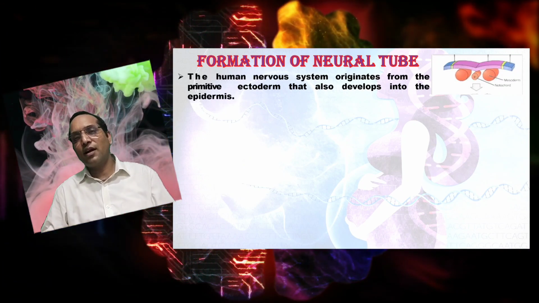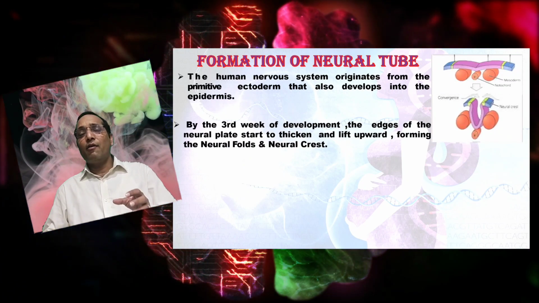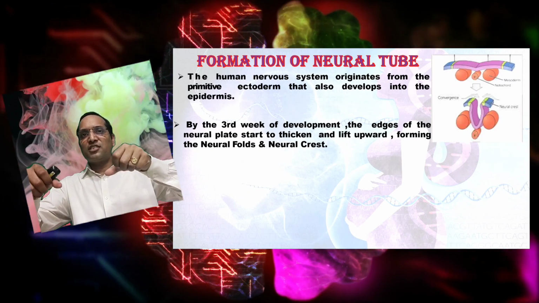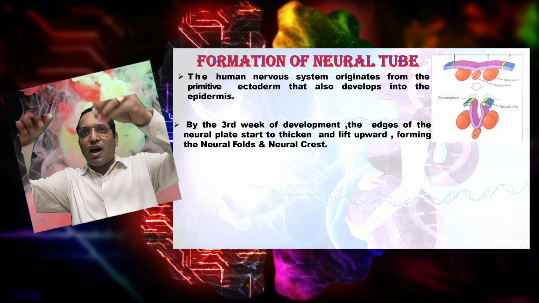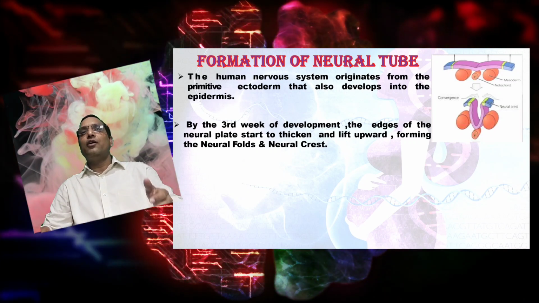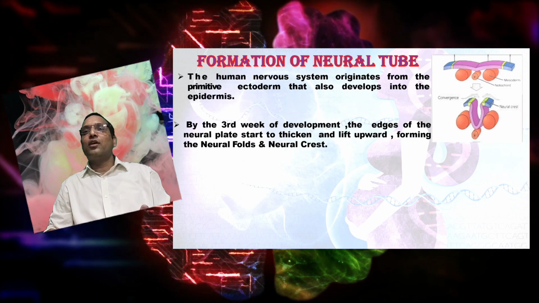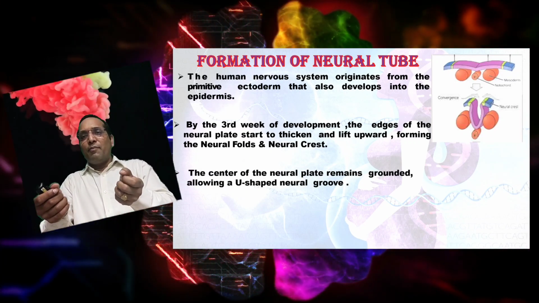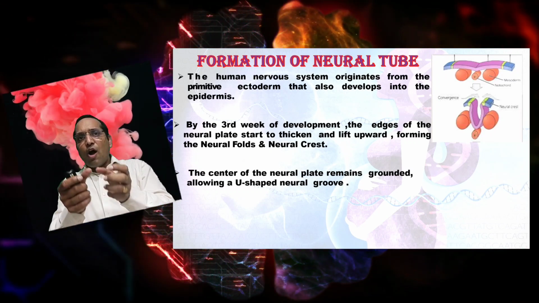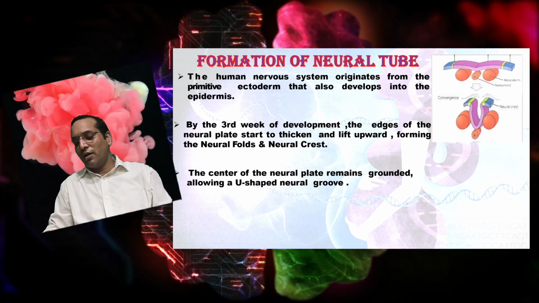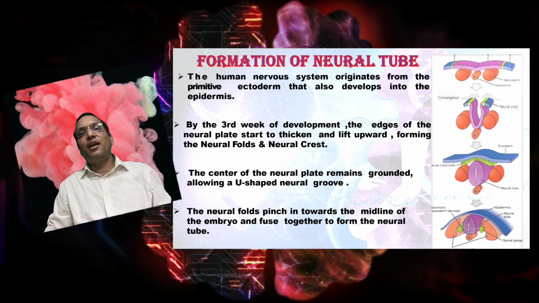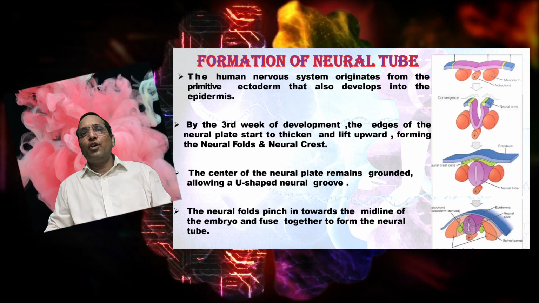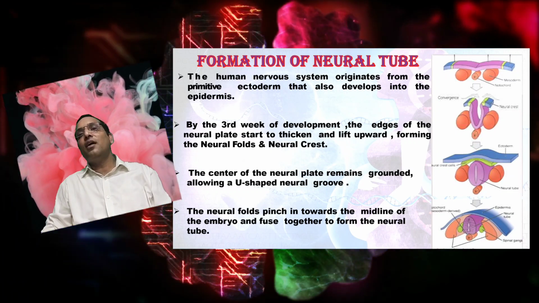By the third week of development, the edge of the neural plate starts to thicken and lift upward, forming the neural folds and neural crest. The center of the neural plate remains grounded and forms the U-shaped neural groove, and ultimately the neural folds pinch toward the midline of the embryo and fuse together to form the neural tube.